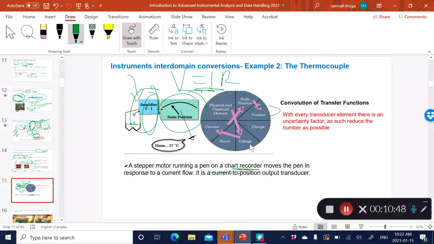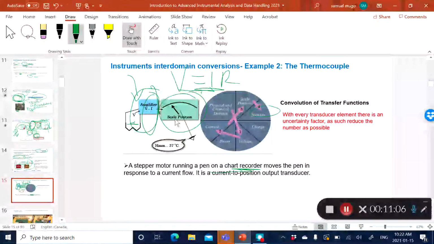As I've mentioned before, any transfer function, of course, needs to be linear, be it what you're using to amplify the resistance in this case, be it the digitizer. Any increase in one quantity should give you the proportional increase in the next quantity.